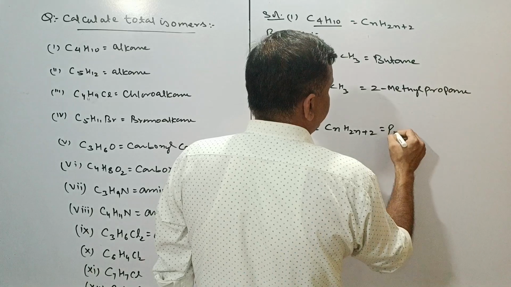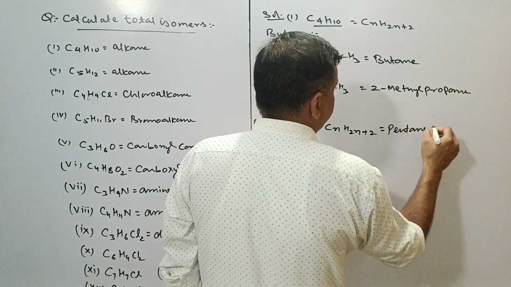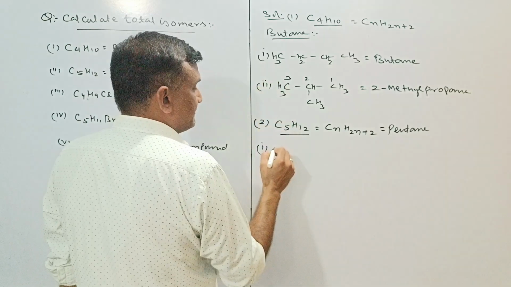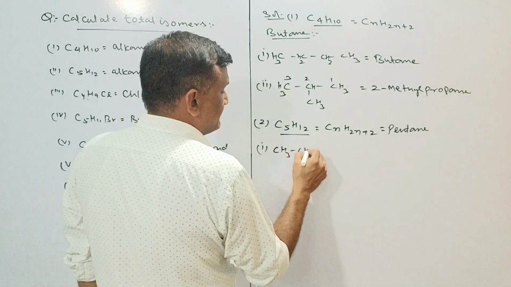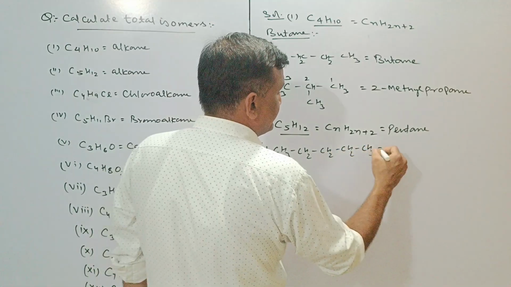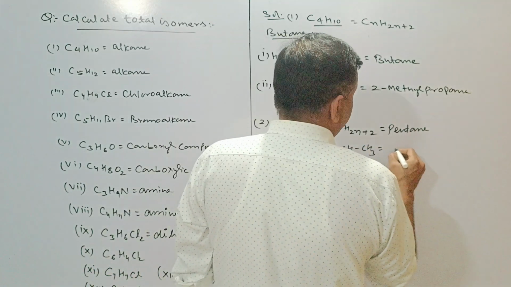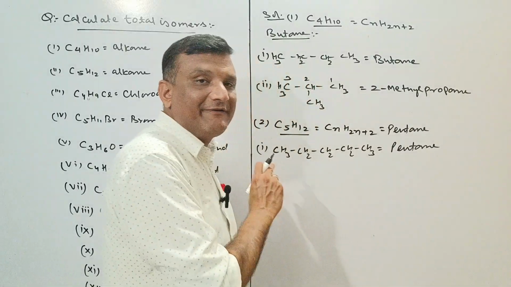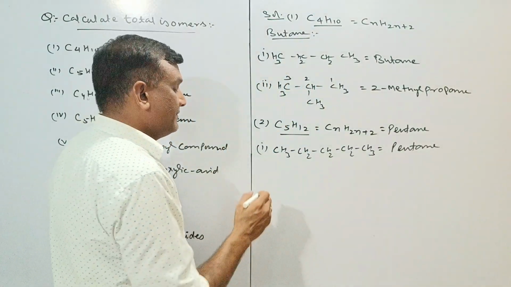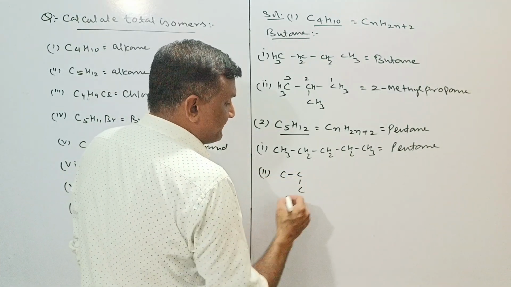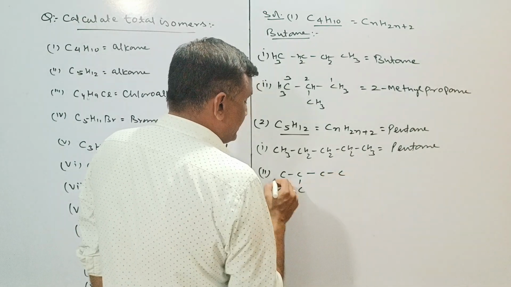So this is pentane. The first isomer is CH3, CH2, CH2, CH2 and CH3. This is pentane, simple, and it is also called n-pentane due to having the normal structure. Further, the iso structure. The remaining carbon will be over here.